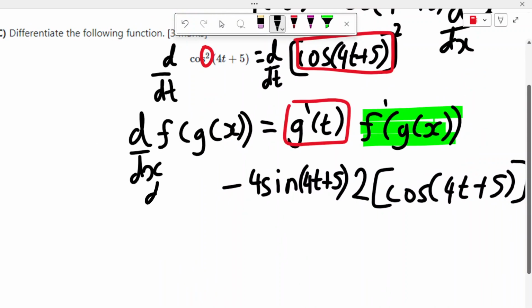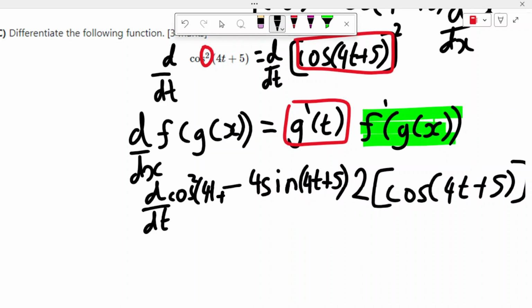We can say this is the differential of cos(4t plus 5), really running out of space.